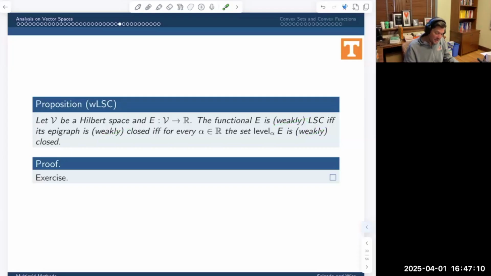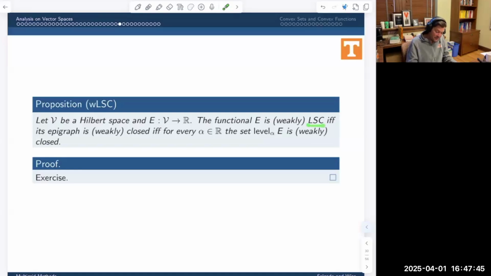The functional E is lower semi-continuous if and only if its epigraph is closed, if and only if for every alpha in R, the sublevel set, level alpha E, is closed as well. So there are three equivalent ways that we can say that a function is lower semi-continuous.